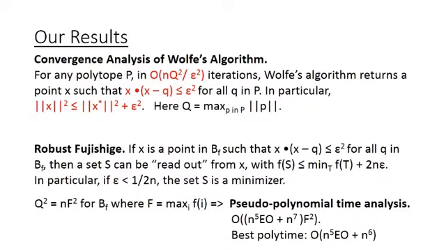So it's a robust version. I don't need exactly the minimum norm. If I'm approximately minimum norm, I can find approximate minimizers. And now if I have integer values, then I can set epsilon to be anything less than 1 by 2n, and then this will be the minimizer. So you can combine these two and get this pseudo-polynomial time analysis.